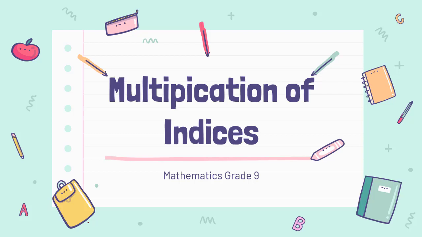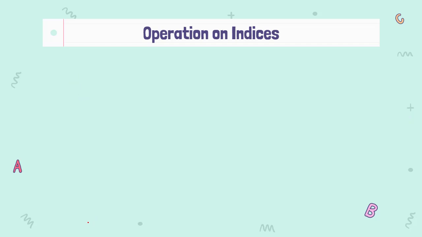So, in this video, I will explain to you about the operation in indices. And in this meeting, I will tell you about multiplication of indices. The operation in indices is basically like the operation in arithmetic.